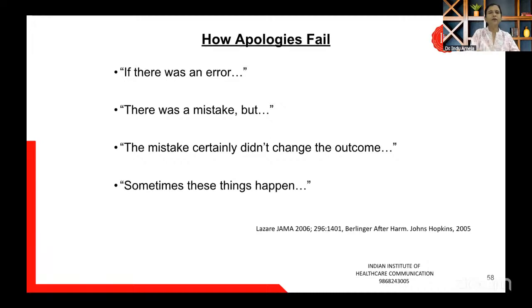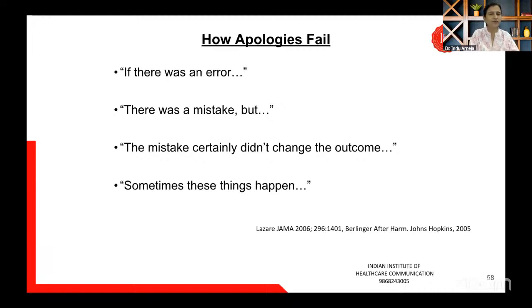A lot of the time we offer an apology, but it is not done in a good way, so it fails. For example, when you say, if there was an error, then definitely we will take action, that means you don't trust and are not convinced that an error has happened. Or, yes, there was a mistake, but it did not harm the patient.